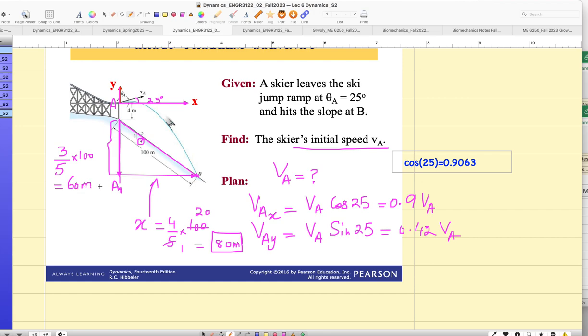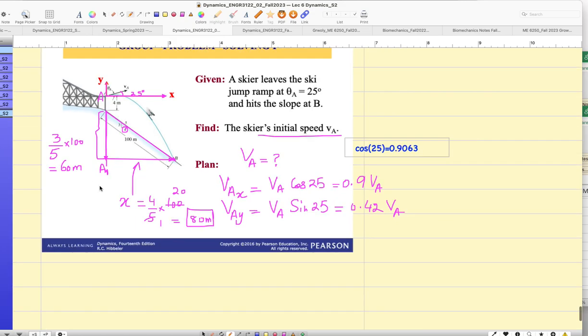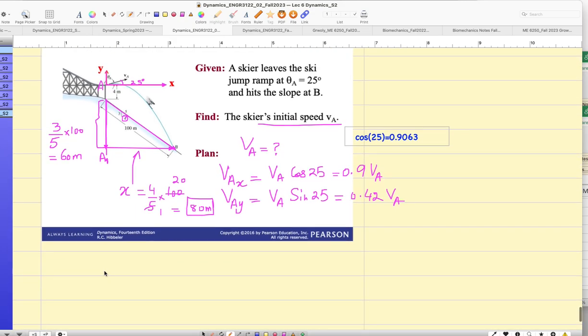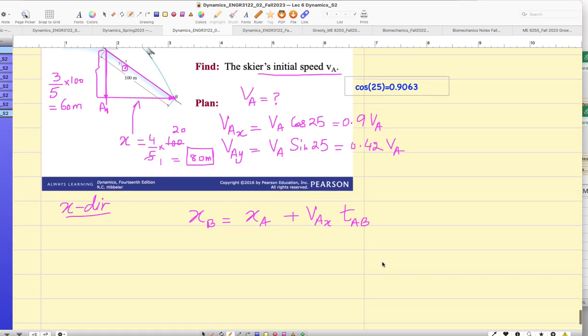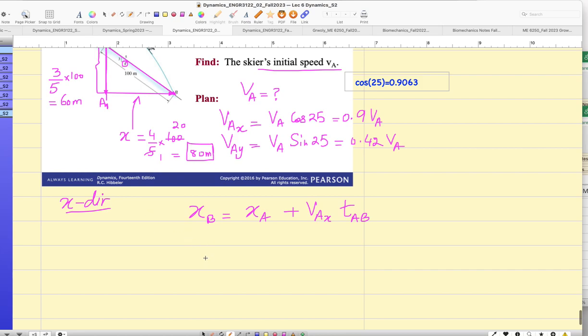Whatever we wanted, we have already gathered a lot of information. So let's keep going here. For finding the velocity, let's write the distance formula in the X direction: XB equals XA plus VAX times TAB. Let's plug in XB.